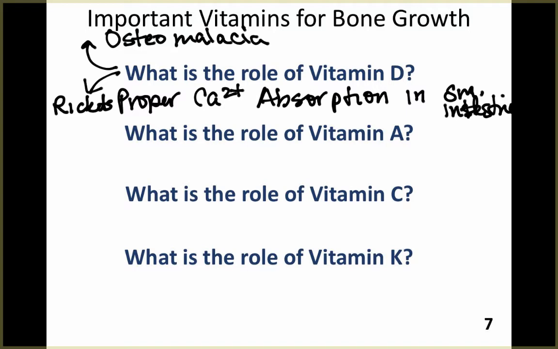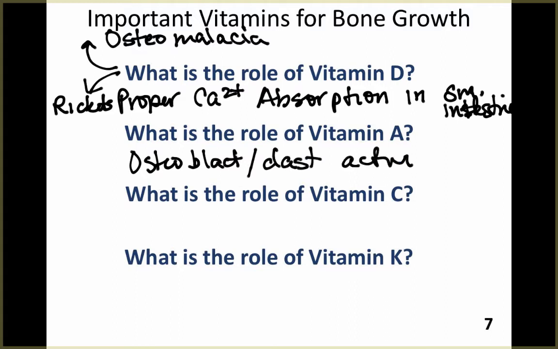Now, for the role of vitamin A, it is necessary for osteoblast and osteoclast activity. Vitamin C is important because it's required for collagen synthesis.